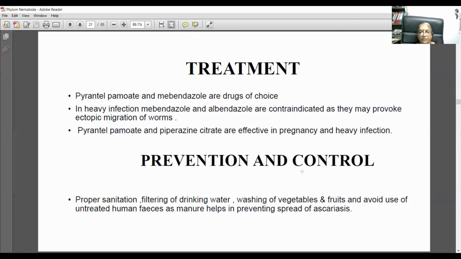vulnerable source of infection. Avoid eating at roadsides, because the dust on the food of these hawkers or whatever they are selling can introduce the eggs into your body.